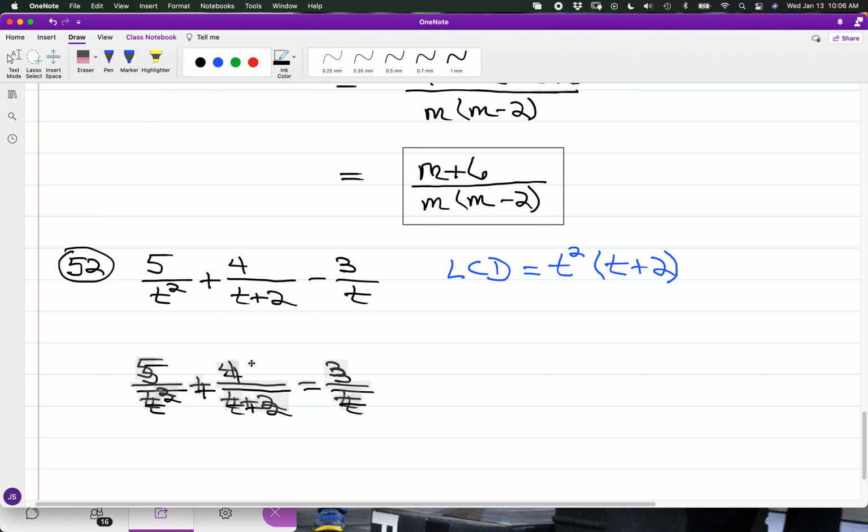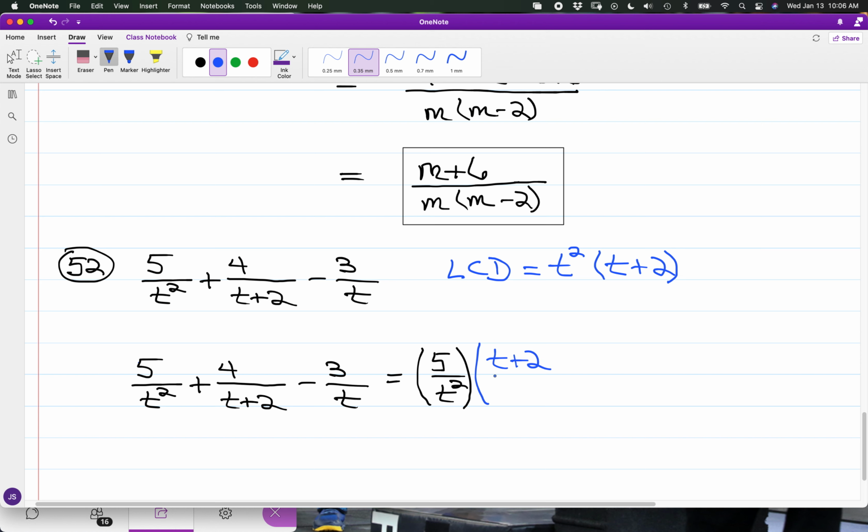So for what we have here, for the first item, we have 5 over t squared. And okay, we have the t squared factor. But this one is missing the t plus 2. So I'm going to multiply by 1 in the form of t plus 2 over itself.